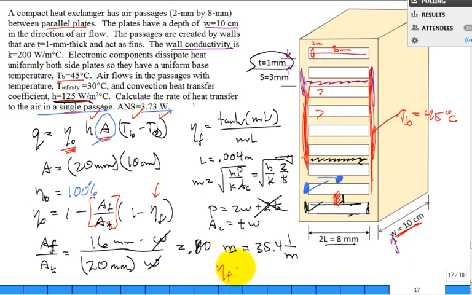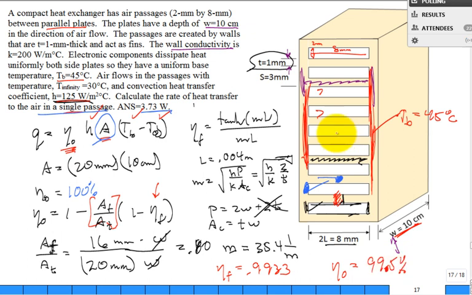The efficiency of a single fin comes in very, very high. It comes in at 0.9933. So let me try and draw that. I don't know what my pen is doing today. Then when you calculate eta naught, it comes in at 99.5%. Huge, very high.